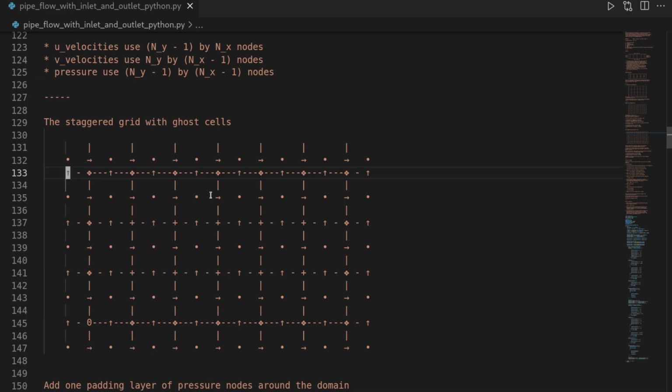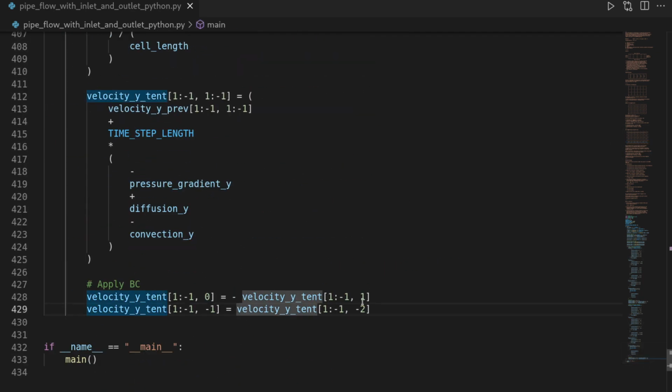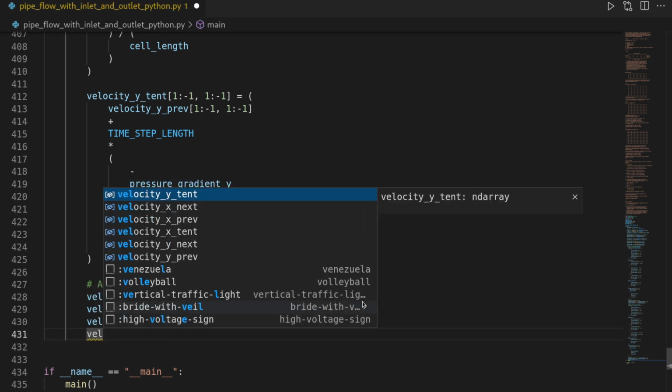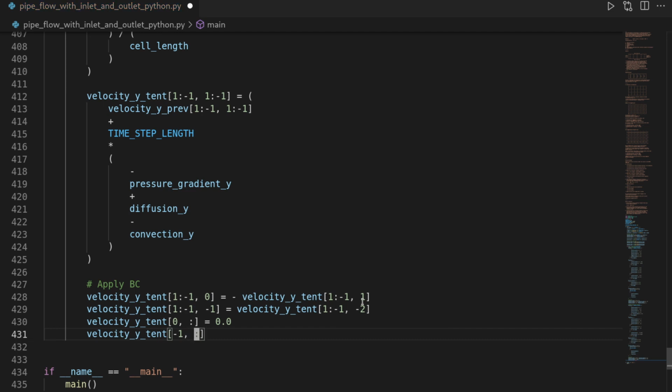So actually their value does not greatly matter. So let's just do that in order to continue our wall here. So we set all the values here to 0, and we don't have to make any averaging since they are directly on the boundary. So let's go down here and say velocity y tentative at 0 bottom boundary, and then colon to get all of them is equal to 0. And a similar thing can be done for the top one. So -1 colon is also 0.